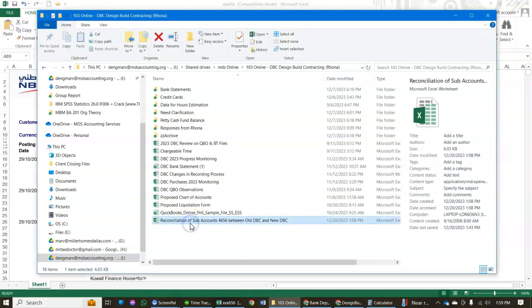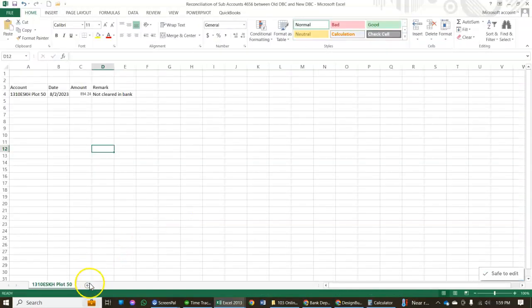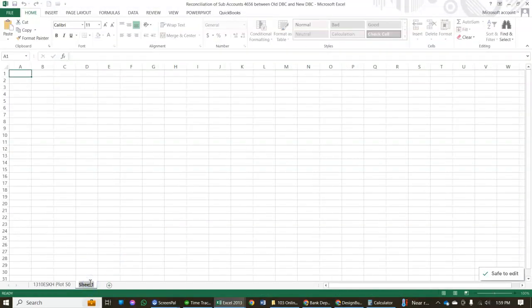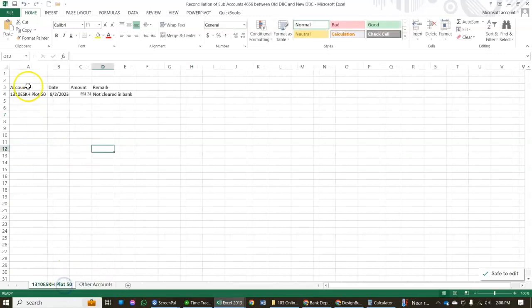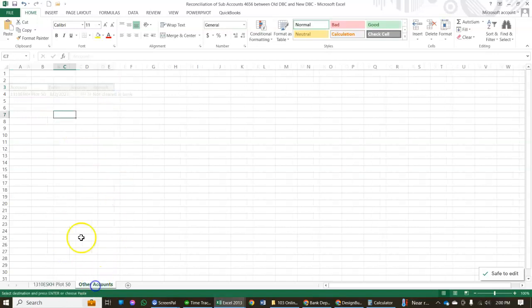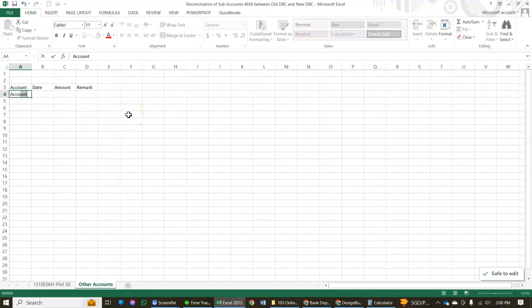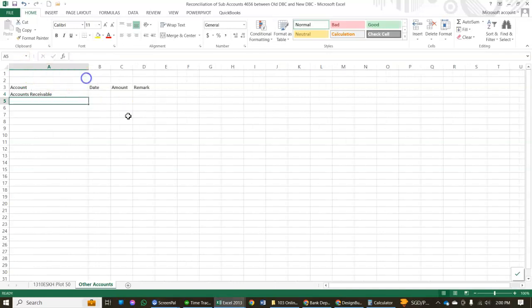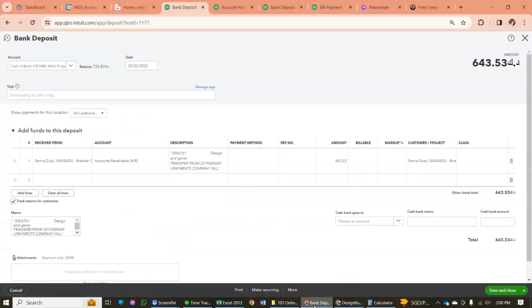Okay, we will use the same file. I'm going to rename that one later. So let's put in here other accounts. For example, let's copy this one here. The account is accounts receivable. So there is a difference, and the difference is 643.